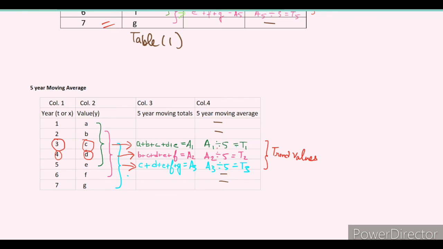Because you're taking a 5-year moving average, you divide the 5-year moving totals by 5, and these are the trend values.